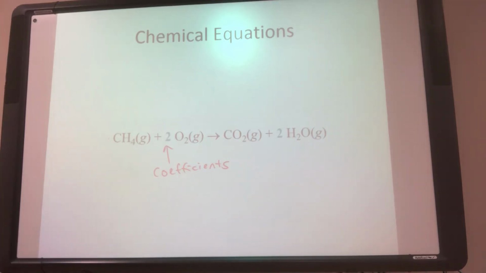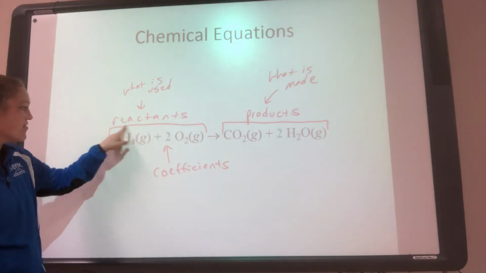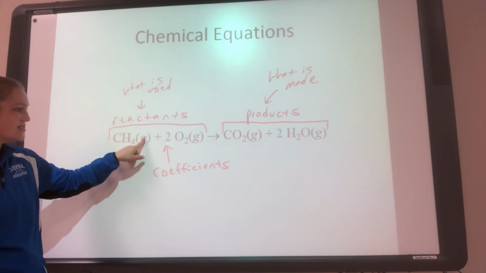All right, remember that the ones in the front are called reactants. Everybody to the left of the arrow are reactants, and everybody to the right of the arrow are my products. Products is what is made. Reactants is what is used. So if you notice, we've got reactants, products, I have my formula, and then I have my state.